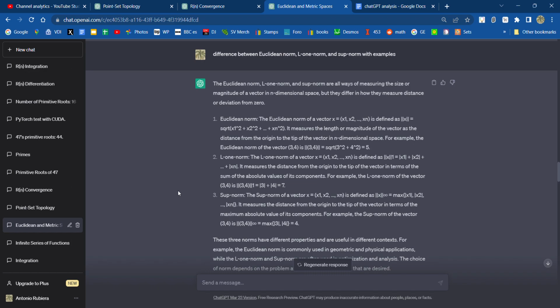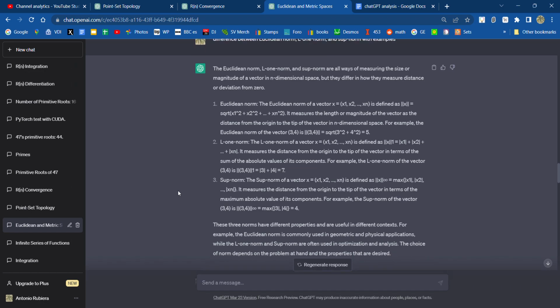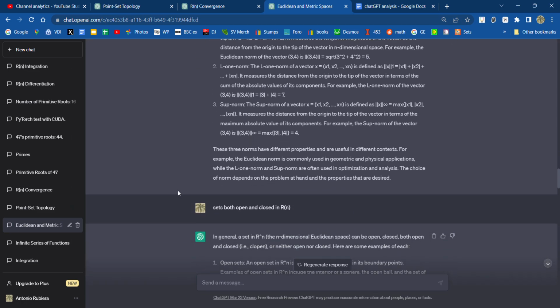Of course, L1 norm gives you the largest number for the same points when compared to Euclidean and sup norm. And there's always a diagram where you take a square that, yeah, I don't know how to describe it, but it's how you go from 1 to infinity in norms.